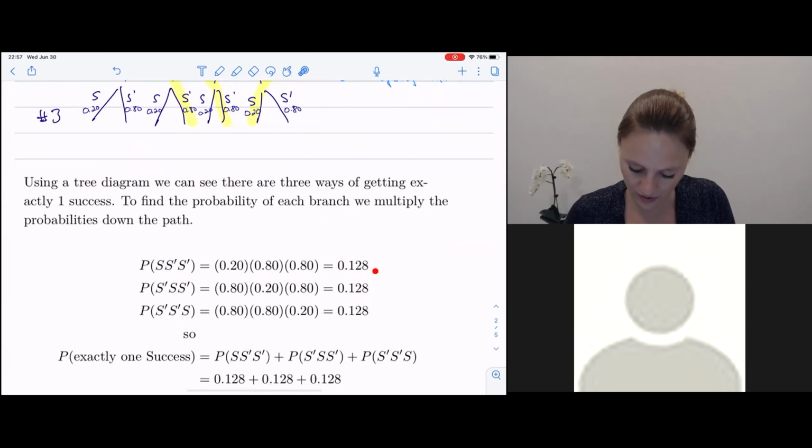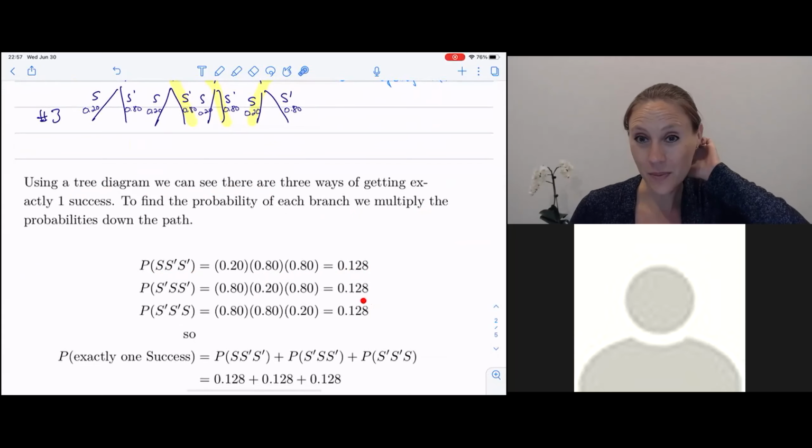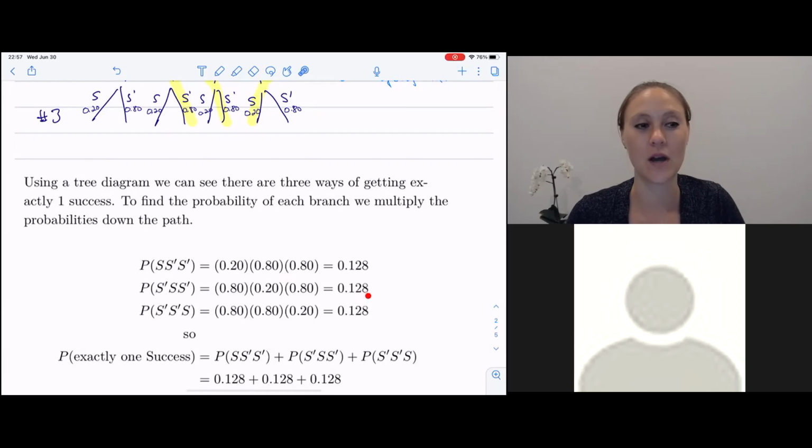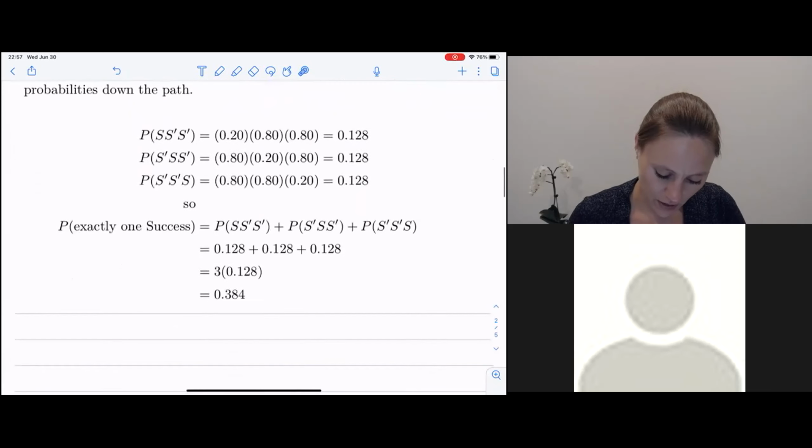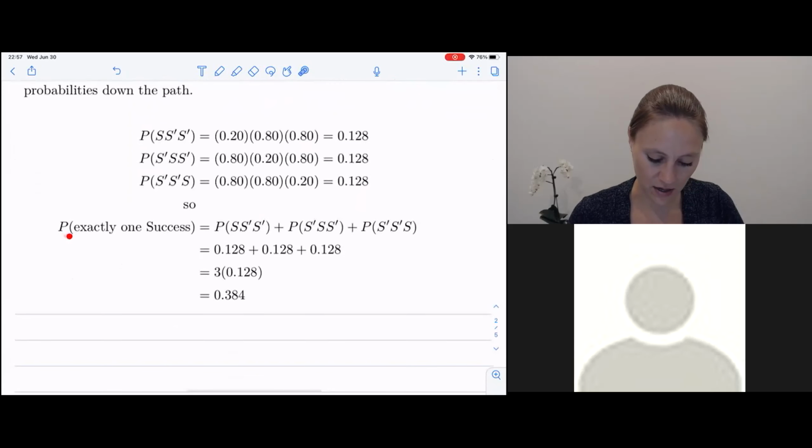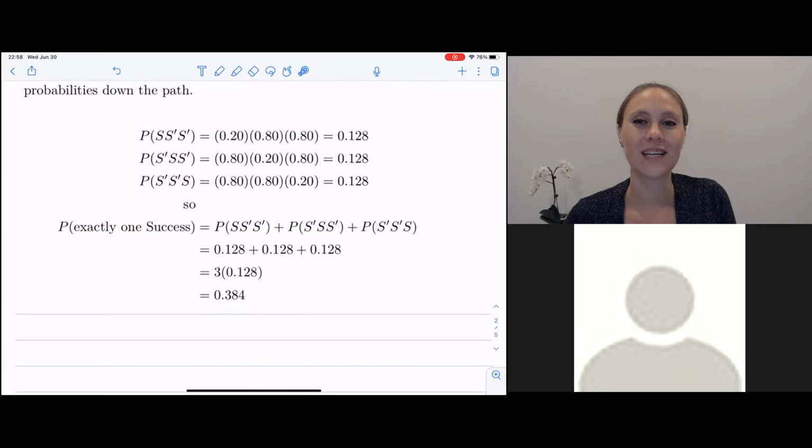And so of course they're going to have the same probability, but we need to remember that there are 3 options. So the probability of exactly one success are all these 3 probabilities added together, which puts us at 0.384. So the probability of exactly one success in 3 trials is 0.384.